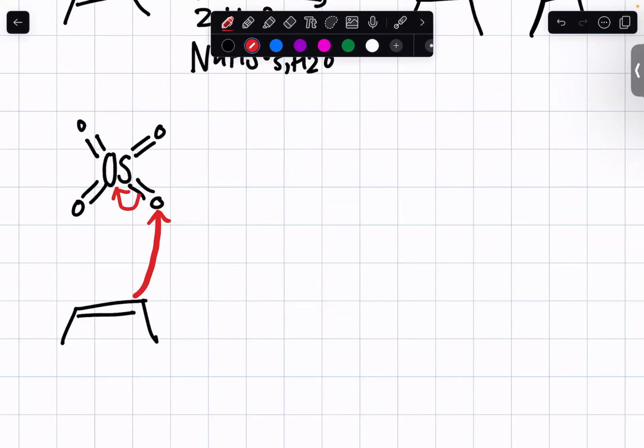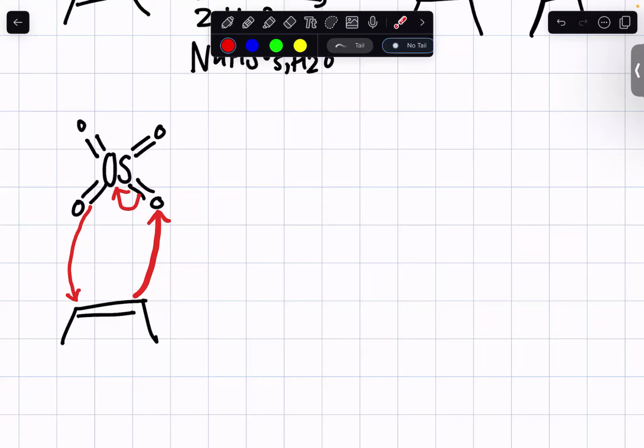Then the other double bond here will attack the other side of the alkene. All three of these arrows happen at the same time, which is why this is a syn addition: they are forced to attach on the same face. If they attach as wedges, then both of them have to be wedges.